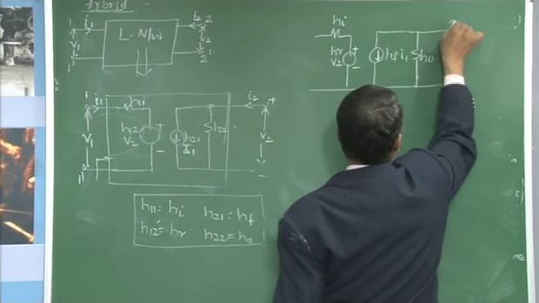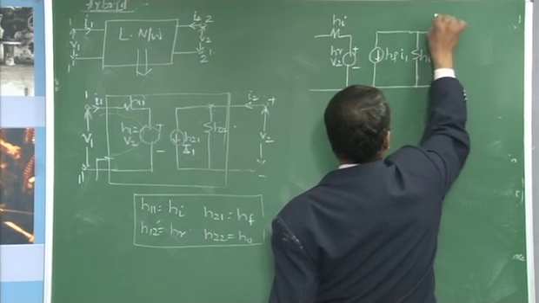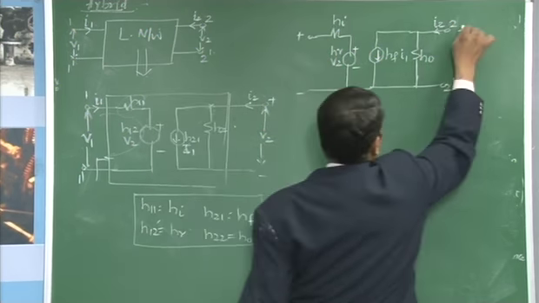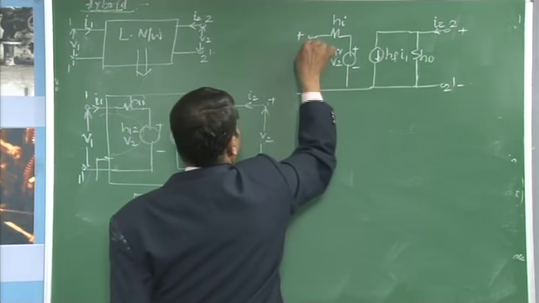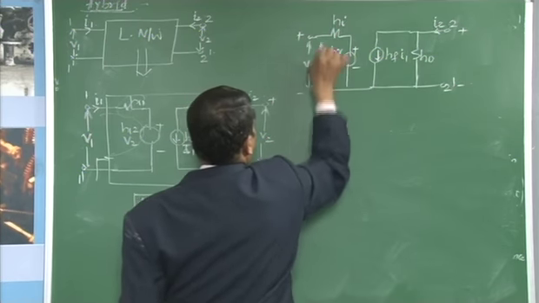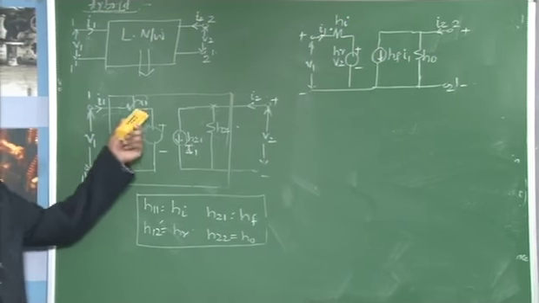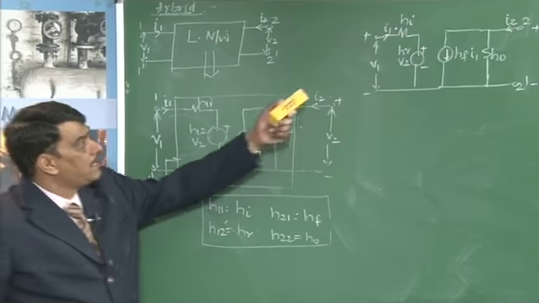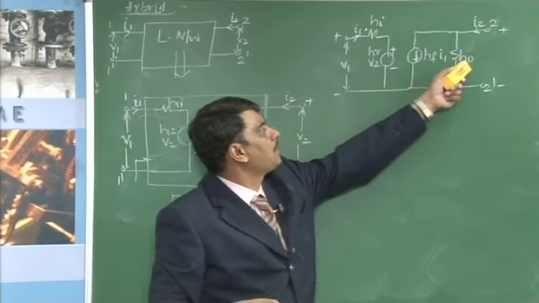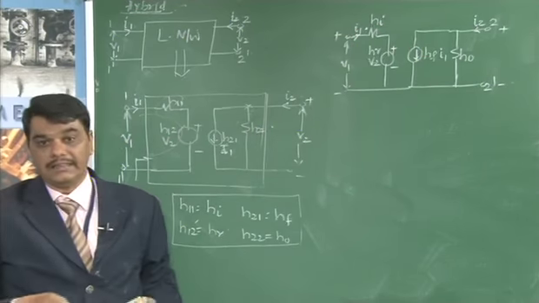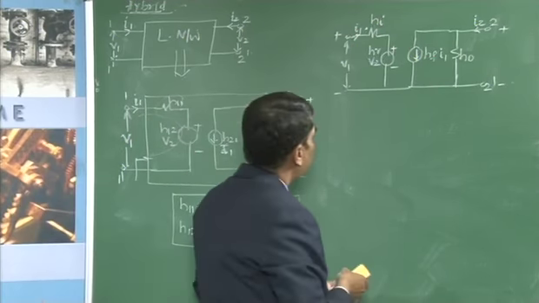The terminals are 2, 2 dash, the current flowing through this is I2, the voltage at this point is V1, and the current flowing through this is I1. It means that instead of using the general H11, H12, H21, H22, it is replaced with the input impedance, output conductance, reverse voltage gain and forward current gain. This is a general two port network.